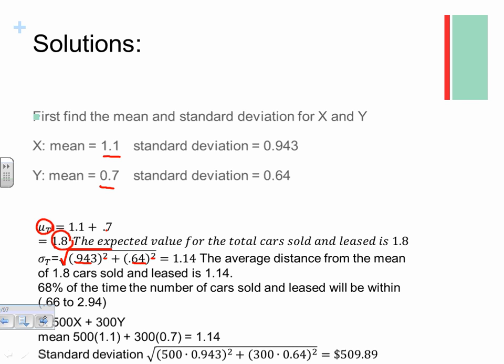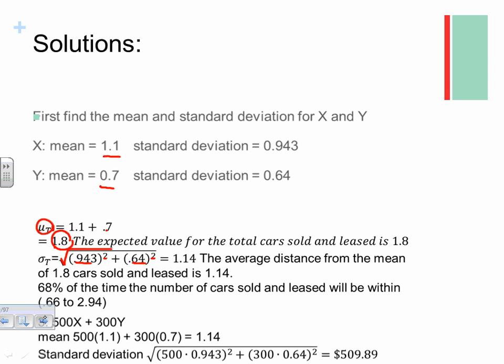I wanted you to find and interpret. So the expected value for the total cars is 1.8. That tells us that most cars are going to be around 1.8. And then the 1.14 tells us that 68% of the time you're going to be within 1.14 of 1.8.